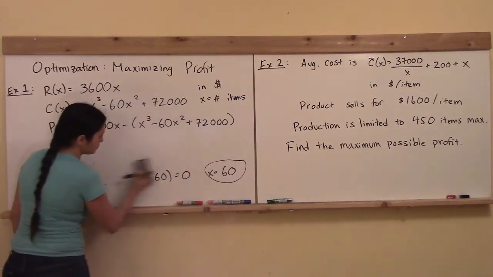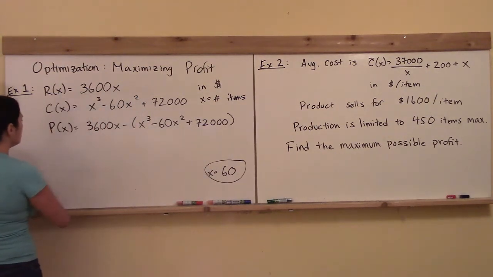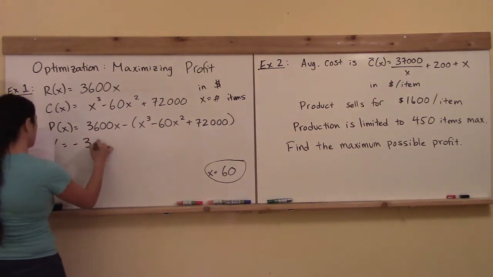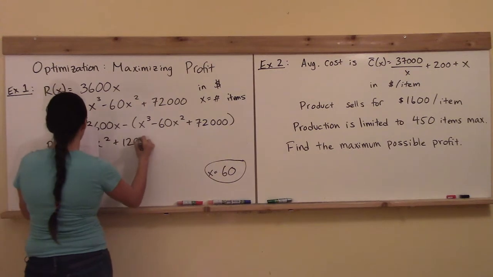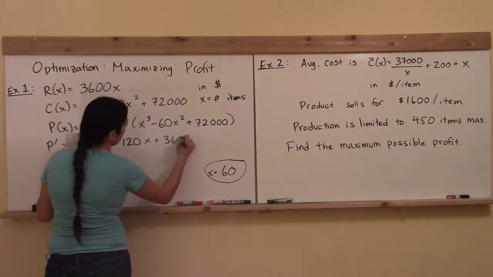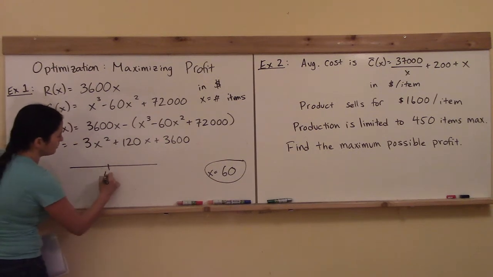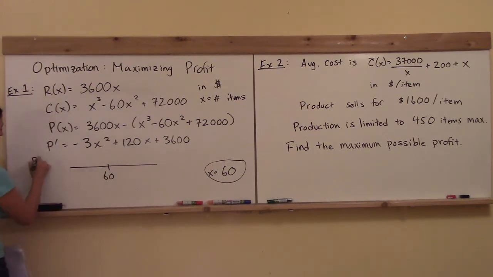I'm going to erase the scratch work here. And here's the original p prime, which was minus 3x squared plus 120x plus 3600. Now when I make the p prime sign number line, remember I want to know what's the sign of p prime.